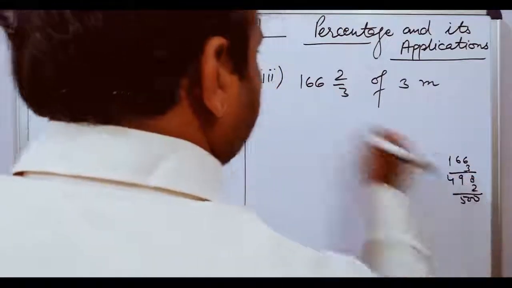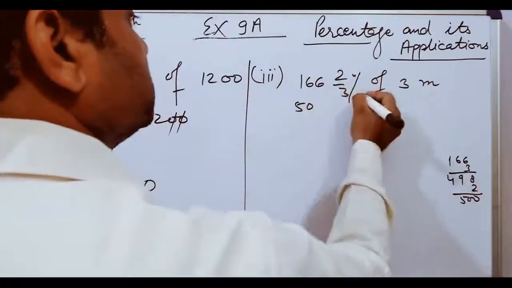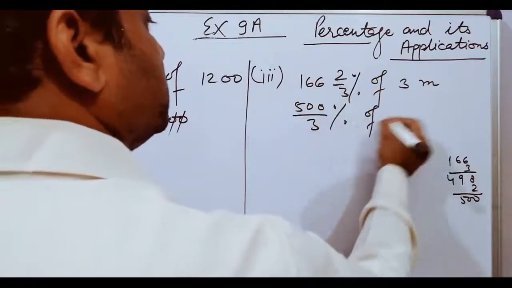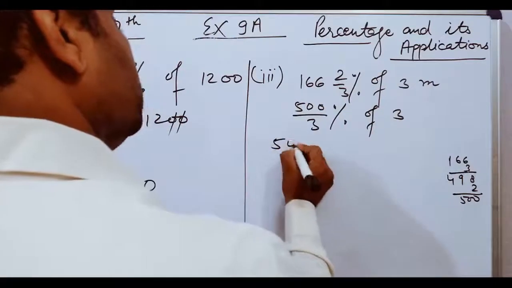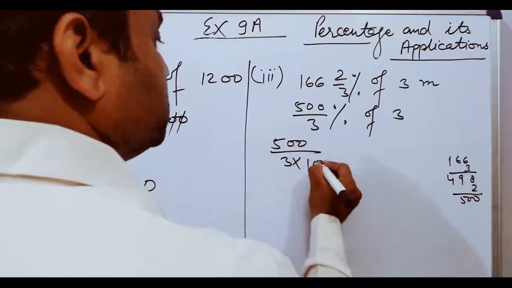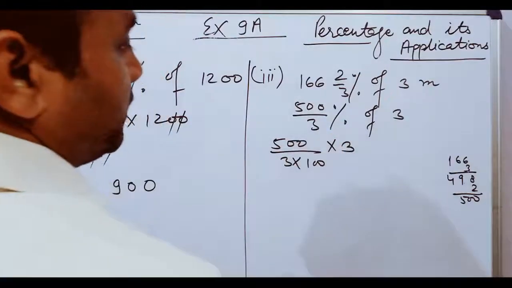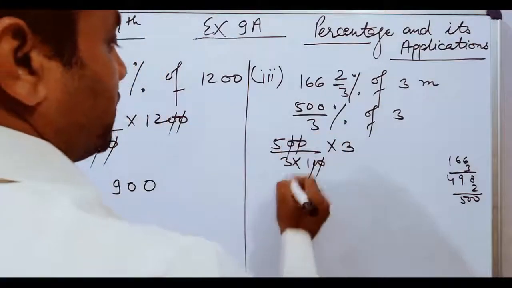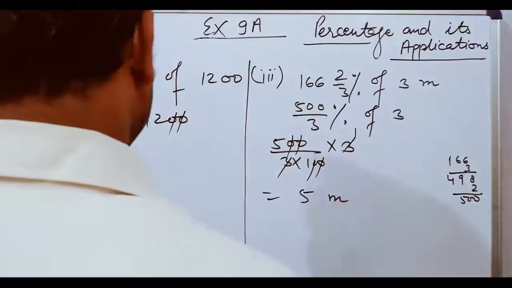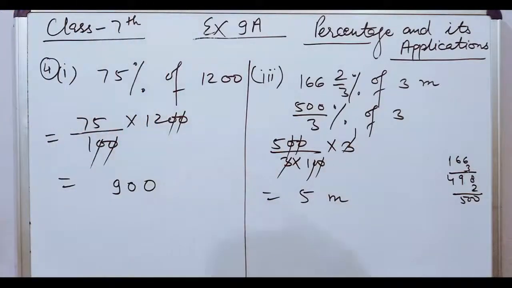This is 500 upon 3% of 3 meter. Percentage means upon 100, of means multiply. Okay, 0 0 cancel. 3 1s are 3. Now it is 5 meter. Okay, this is the answer.